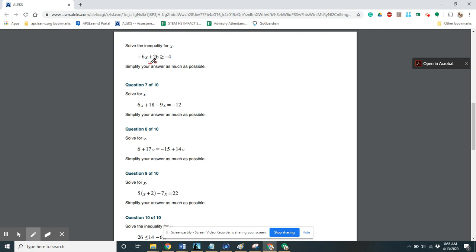So let's subtract 26 first from both sides of the inequality. We'll cancel these. That gives us negative 6x is greater than or equal to negative 4 minus 26 is negative 30.